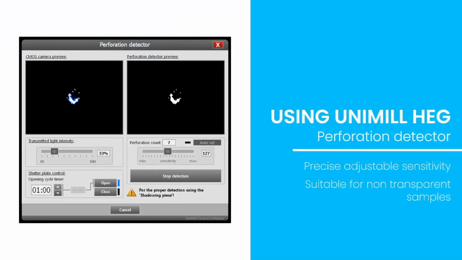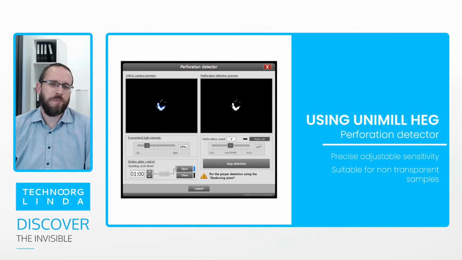It is very important that for both manual and automated operation there is a perforation detector that works obviously for optically non-transparent samples, but for those it is very useful because it will stop the thinning process at the moment when you have a perforation. The perforation detector has a number of parameters which you can set.